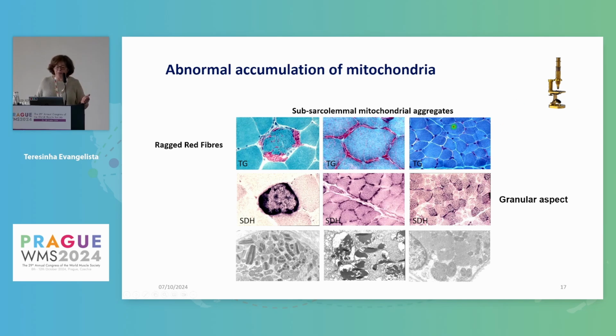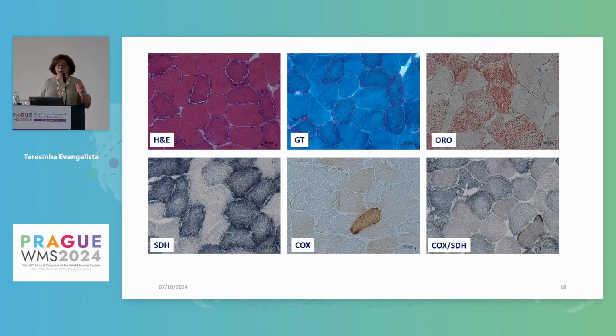And then you may have a normal trichrome, a slightly granular aspect on SDH, that may be completely non-specific. So you don't always have these beautiful ragged red fibers, because it's not the case. And so this is a mitochondrial myopathy.